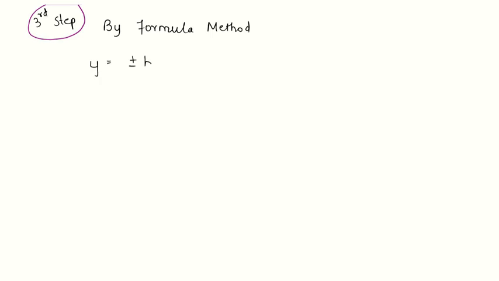Third step, by formula method. y is equal to minus b plus or minus square root of b square minus 4ac upon 2 into a.